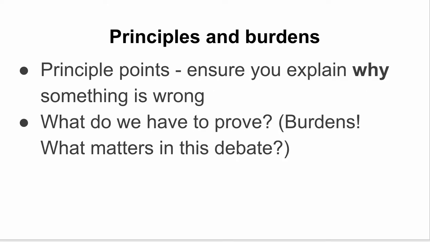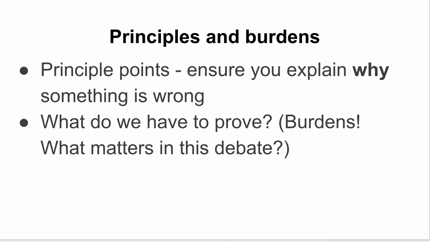Okay, the third idea is principal points, and I've tagged onto this burdens. Principal points is really explaining why something is wrong. So if you're in proposition for the motion on politicians not holding public office if they've got a criminal record, explaining why that in principle is wrong.